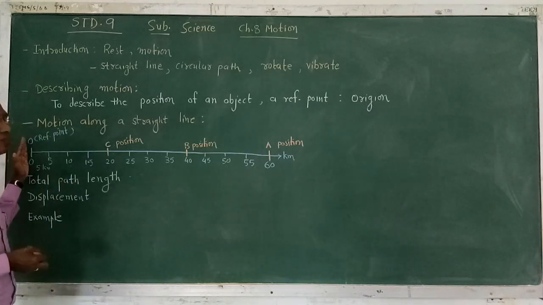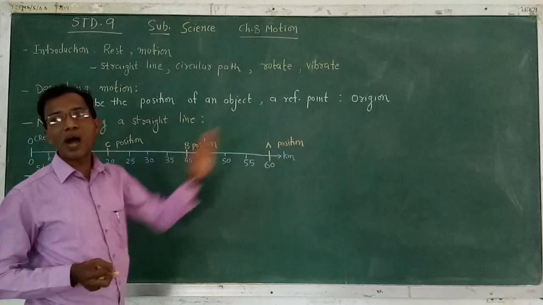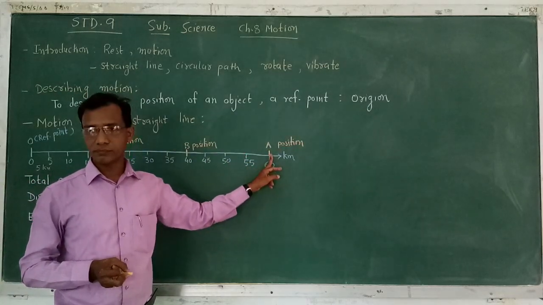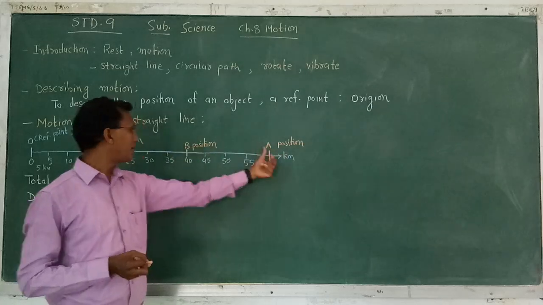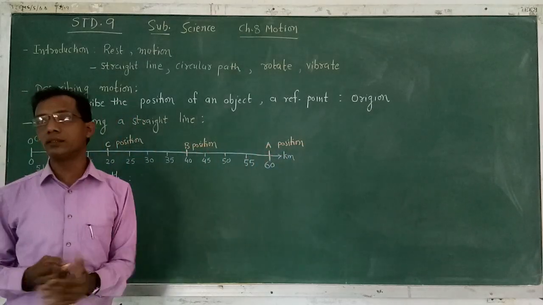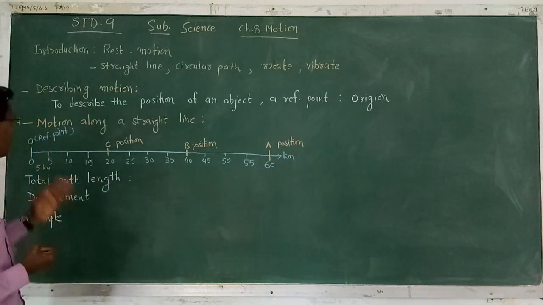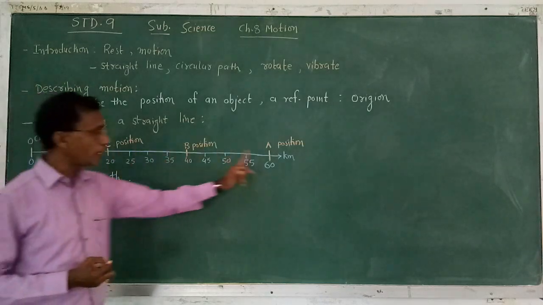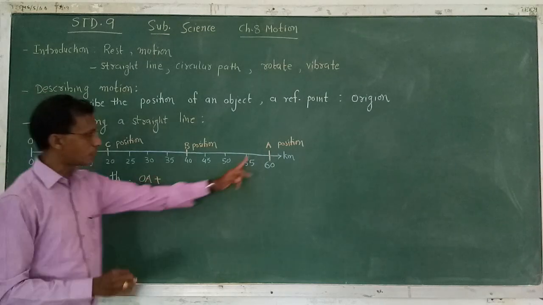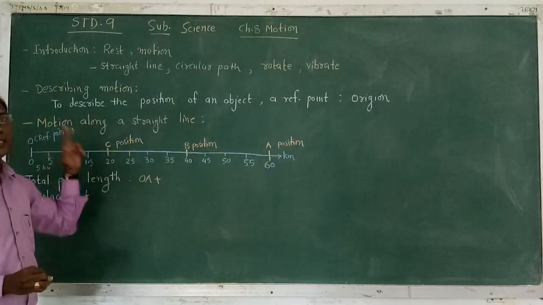Suppose an object moves along a straight path, reaches the A point, and then comes back and reaches the C point. So the total path length of the object is the O to A distance plus the A to C distance.